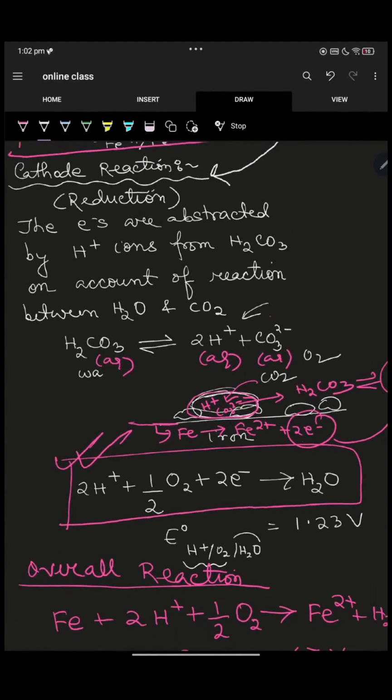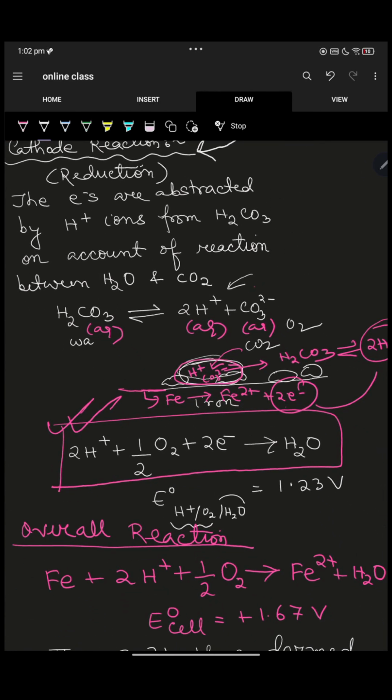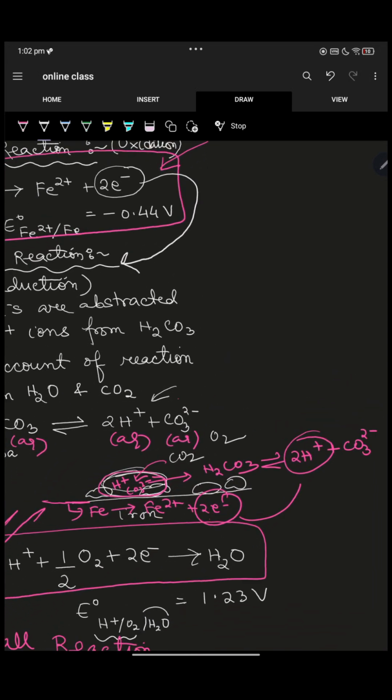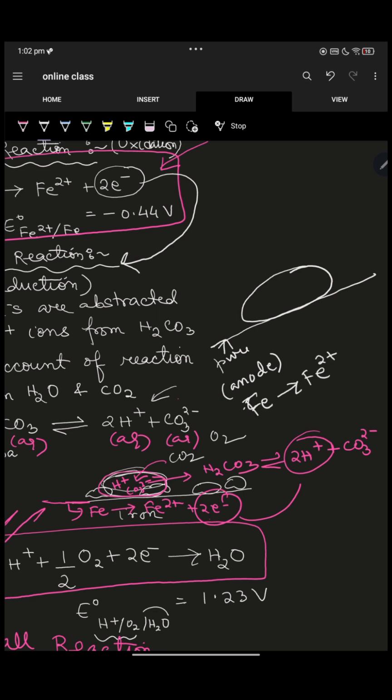Now let me explain this part. See, the moisture that is present above the iron surface, suppose a water droplet is present above the iron surface. Now if this is the pure iron part, this is acting as the anode, right? And the iron there is oxidizing, losing 2 electrons and forming Fe2+.